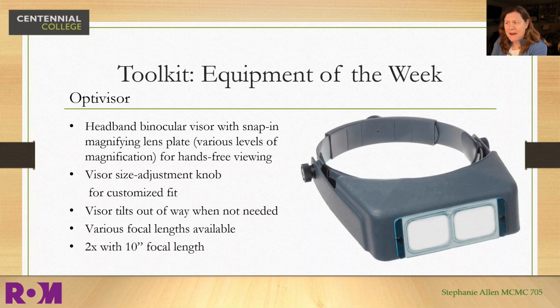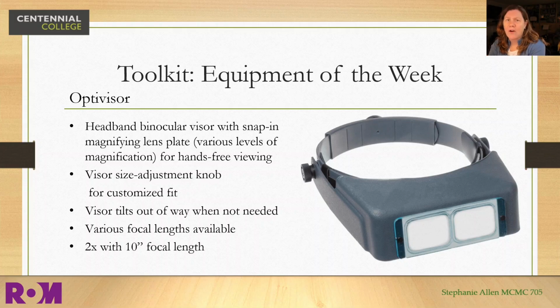They have various levels of magnification, and some of them, you can pop the lenses out and change the levels of magnification. Some of them are fixed, so the less expensive ones are just fixed. If you're going with that, a 2 times with a 10-inch focal length is a good average. It gives you 2-time magnification.